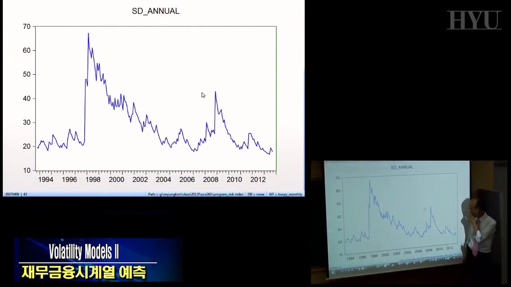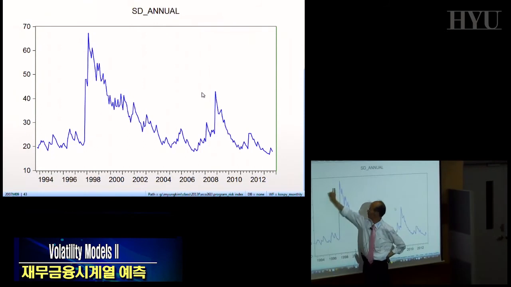And then there's a build-up in the market volatility, and you know what happened in 2008. So September 2008, Lehman Brothers went bankrupt, and so this one, but the magnitude is about half of that.